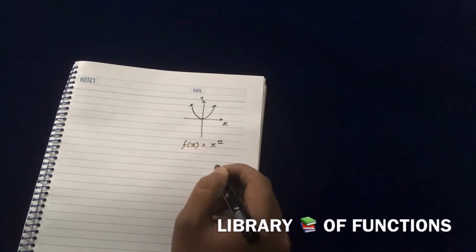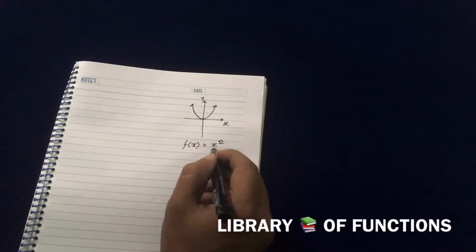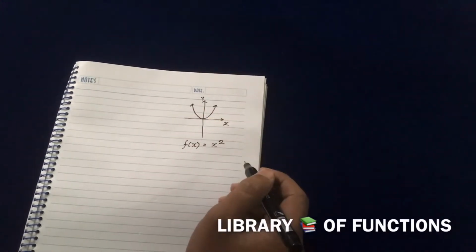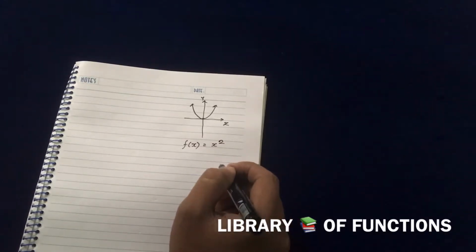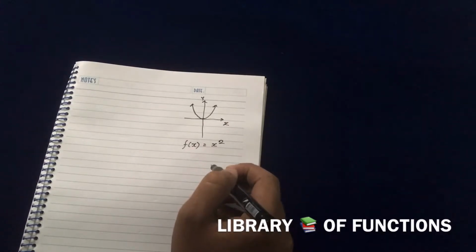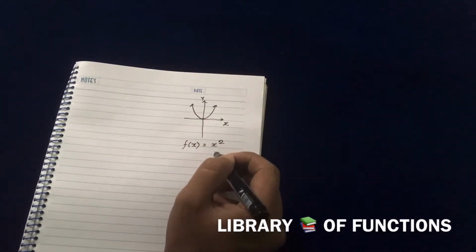How will you know it? If you put different values of x here, you will see the output, and if you check the output, it will match this graph. So this is the graph of f(x) = x squared.